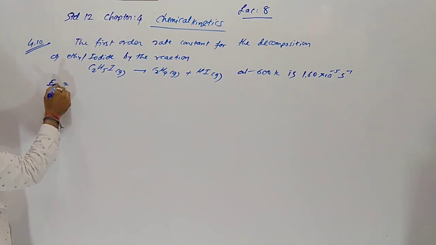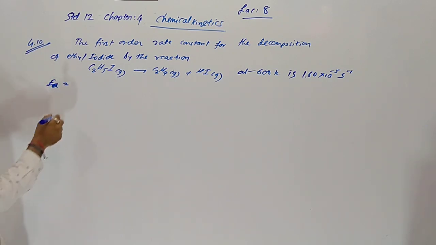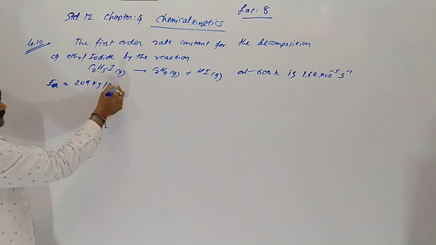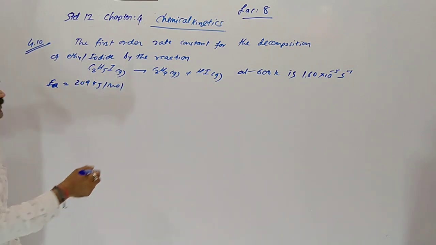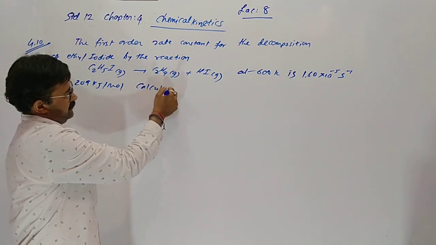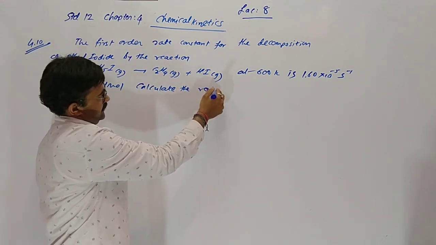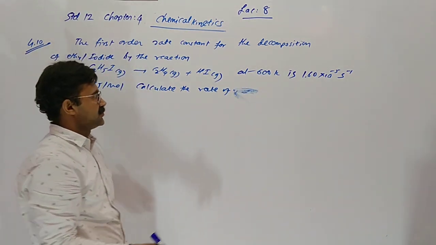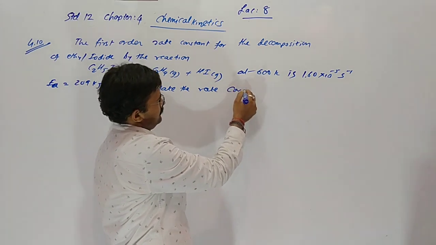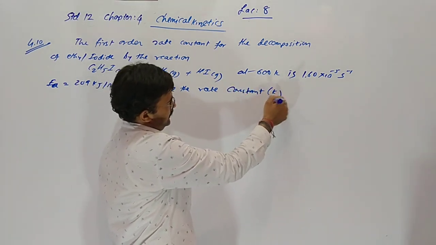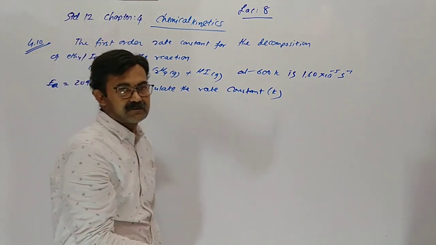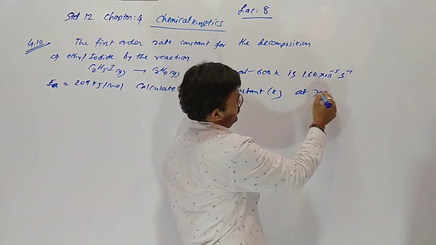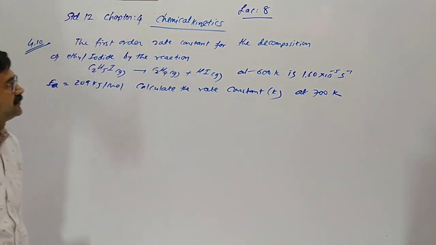The activation energy for the reaction is 209 kilojoule per mole. Calculate the rate constant, that means k, at 700 Kelvin. At 600 it is given, we have to define the rate constant k at 700.